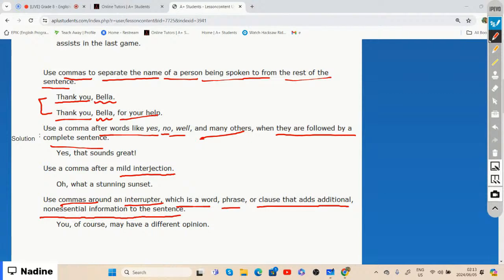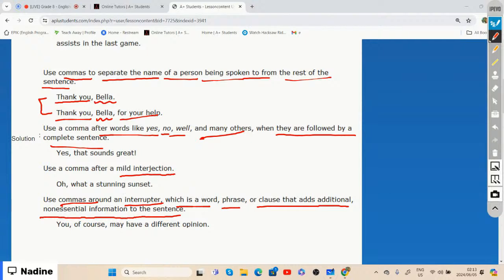An example of an interrupter is, "You, of course, may have a different opinion."